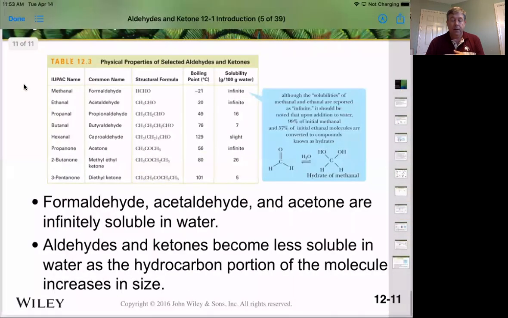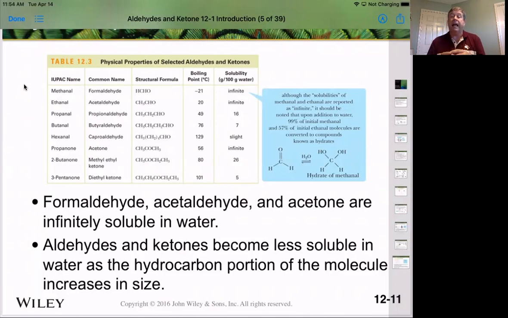Okay. Because the carbonyl doesn't hydrogen bond with itself, but it does have a dipole interaction, it can interact with water. Therefore, very small aldehydes and ketones are very soluble in water because they can form what's called a hydrate.